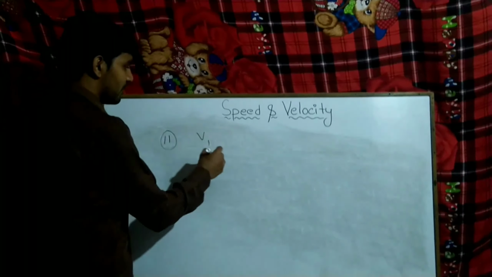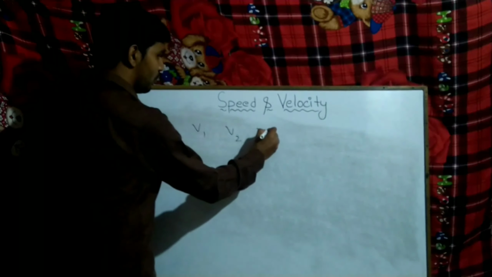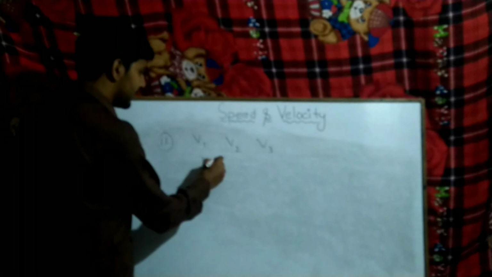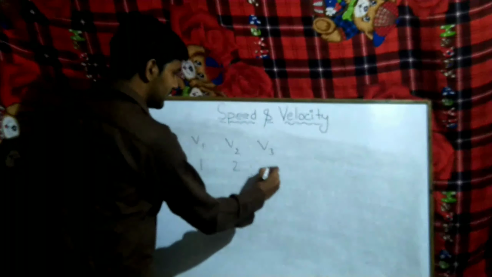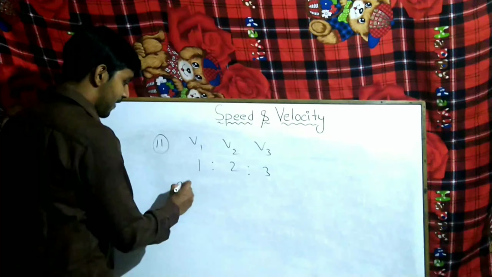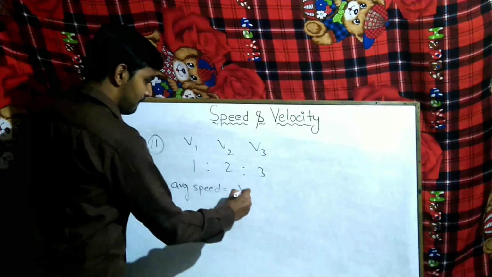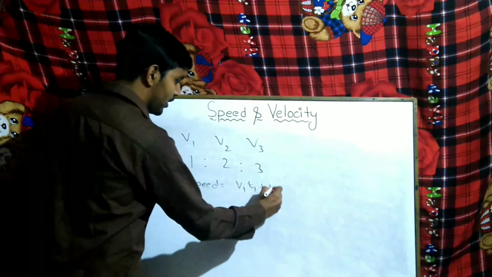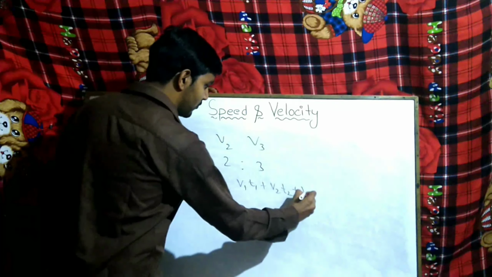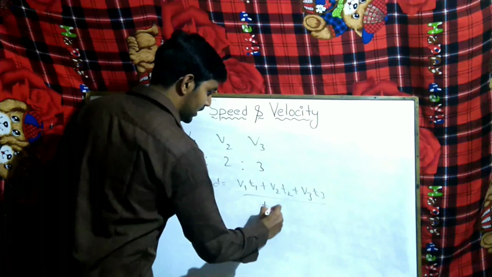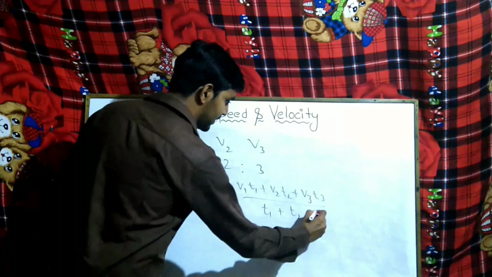Say if speeds are given V1, V2, V3, and the times are given in the ratio 1:2:3, same problem. So average speed is equal to (V1 T1 plus V2 T2 plus V3 T3) by (T1 plus T2 plus T3).